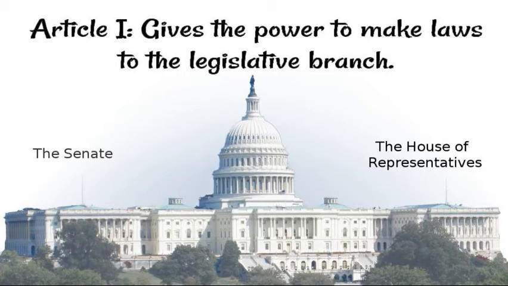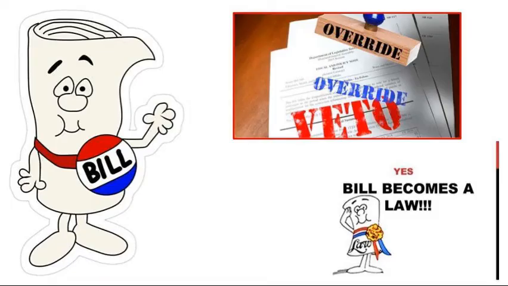Now, how Congress makes laws. The primary job of Congress is to make laws. Any member of the House or Senate has the power to submit a bill, or proposal for a new law, but only the House can propose new taxes. If a majority in one House votes in favor of the bill, it is sent to the other House for debate.